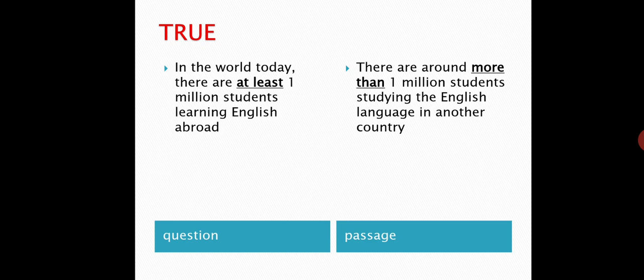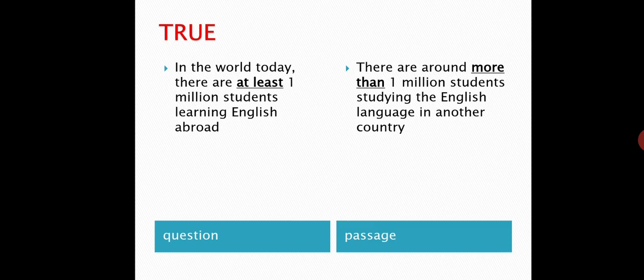This will actually be a very similar content. So, you have to remember this: if the statement in the question, again, the question is the first thing that you have to really care about in the beginning, matches the content, the details, the information found in the passage, the answer is true.